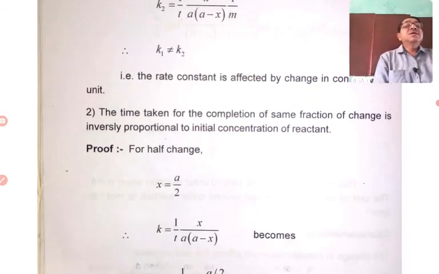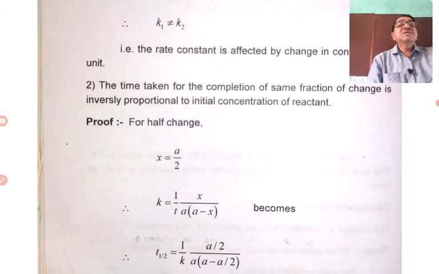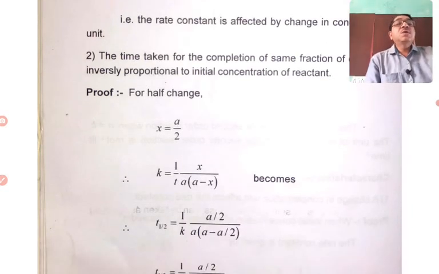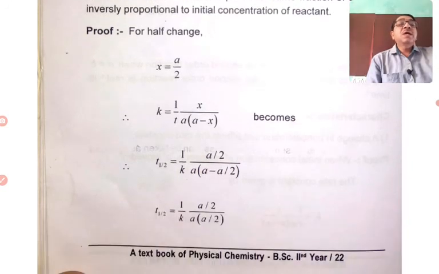Now another characteristic is that the time taken for the completion of same fraction of change is inversely proportional to initial concentration of reactant. In first order reaction there was no change. So for half change, x is equal to a upon 2. Therefore k is equal to 1 upon t, x upon a minus x, becomes t half is equal to 1 upon k, a half divided by a into (a minus a divided by 2).